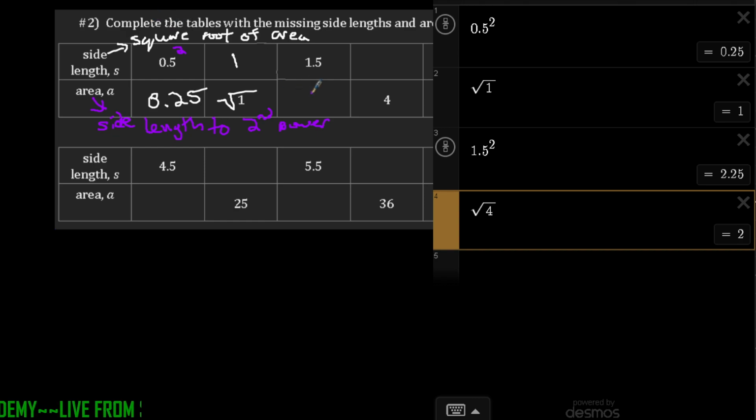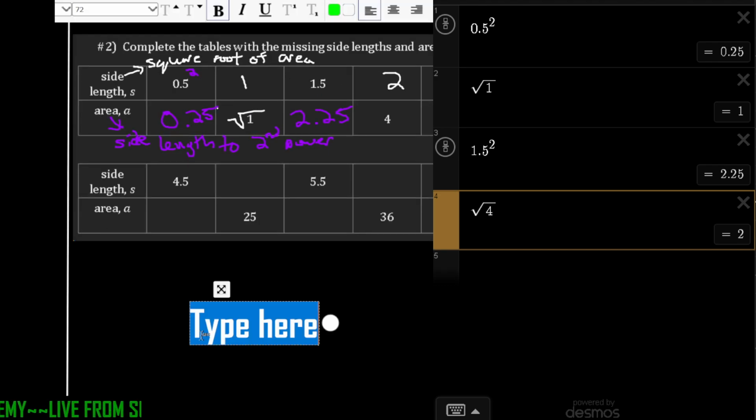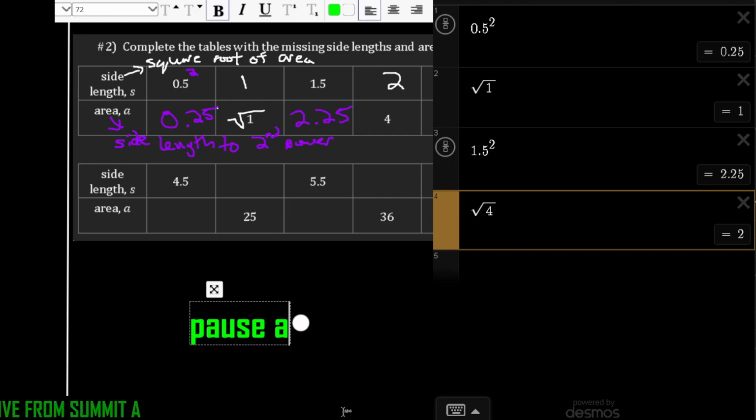Let me write my values here. This is 0.25, this was 2.25, and my square root of 4, or my side length when the area is 4, is going to be 2. So try out, pause and calculate.